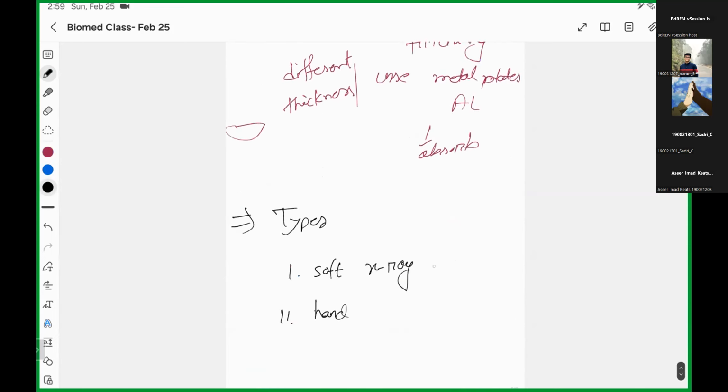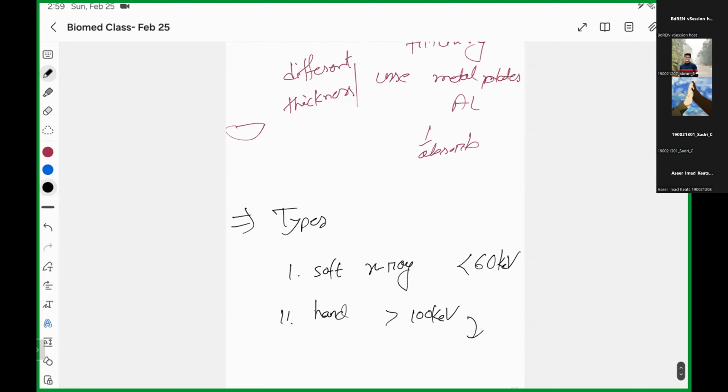The soft X-ray are usually generated using less than 60 kilovolt, and hard X-ray usually more than 100 kilovolt. So less than 60 kilo electron volt is soft X-ray, and more than 100 is called hard X-ray. So what is the use of soft X-ray and what is the use of hard X-ray?